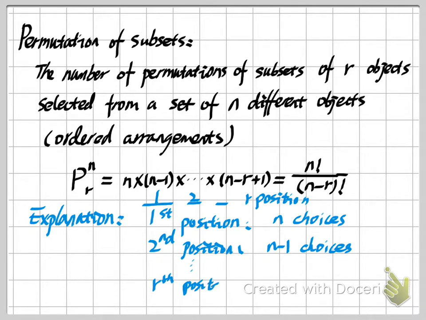Now in the r-th position, we have already chosen r minus 1 objects, so we have n minus (r minus 1) choices left. We can also rewrite this as n minus r plus 1 choices.